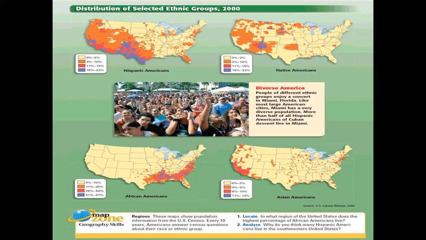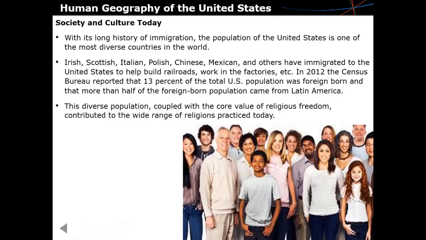You can see in the Southwest and the West, parts of Florida, New York, you have a lot of Hispanic Americans. Native Americans are more in the west, in between the Pacific Range and Rocky Mountains area. African Americans are towards the south. Asian Americans are spread all throughout, with little pockets here and there, but in California. These are all based on the census that was done in 2000.